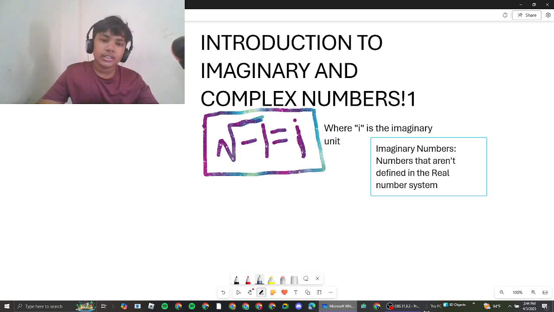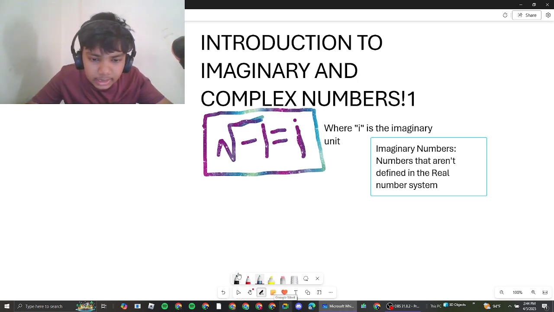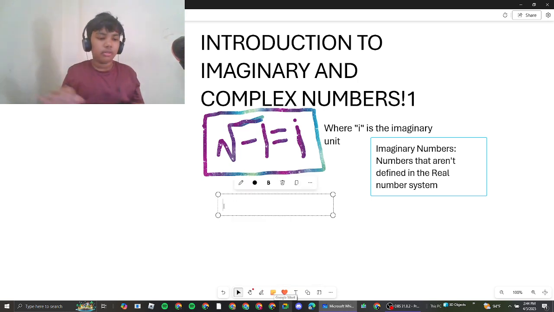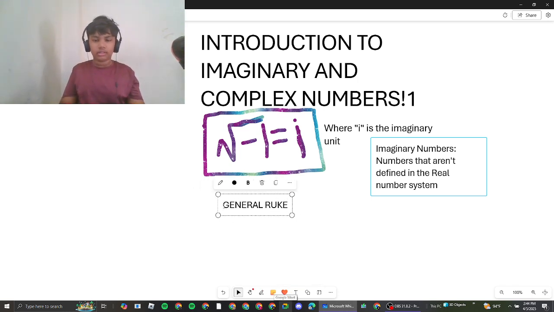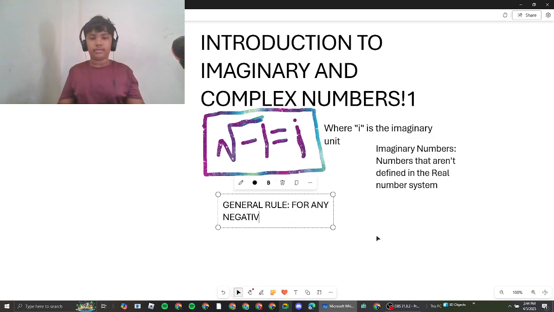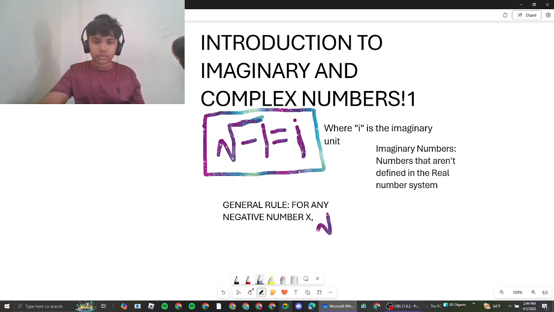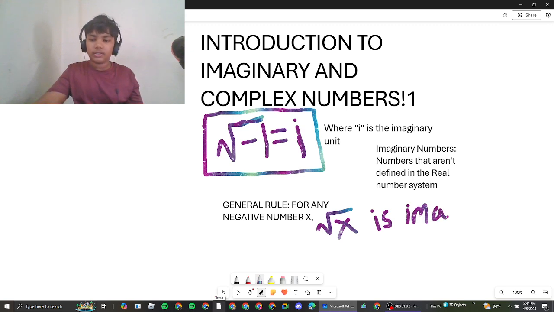So we can make a general rule here: for a negative number x, the square root of x is imaginary, or complex.